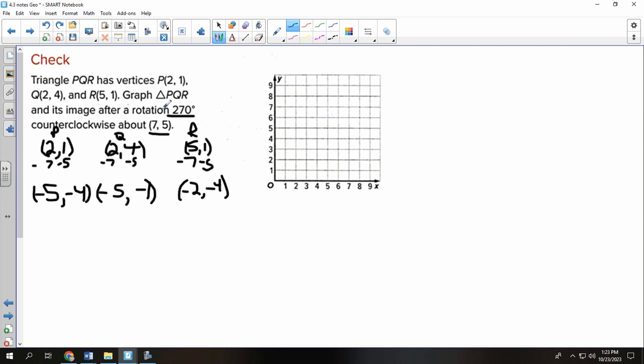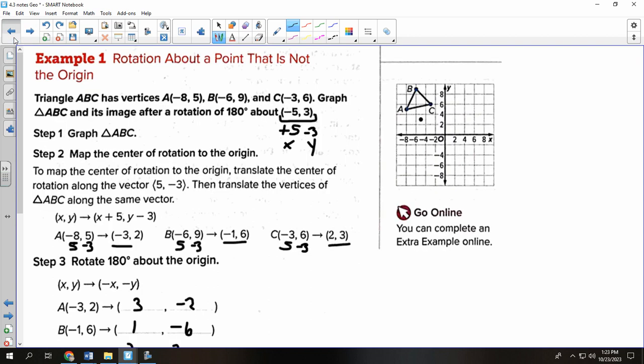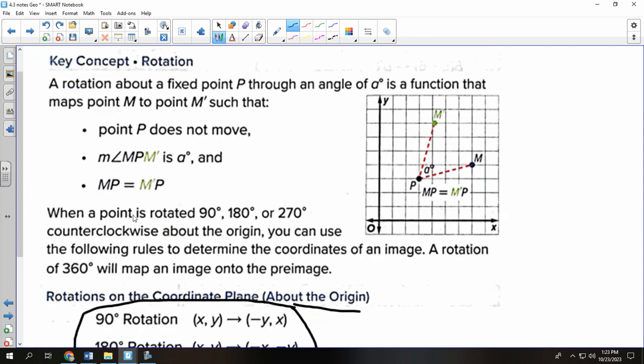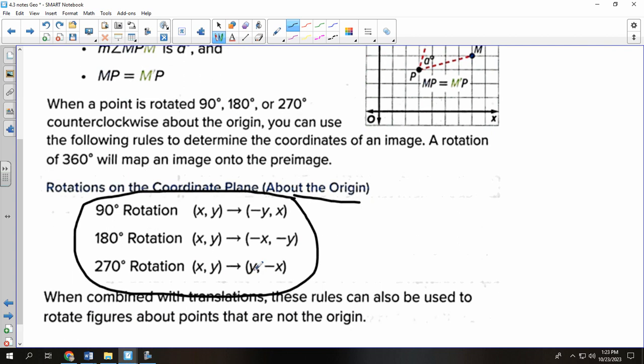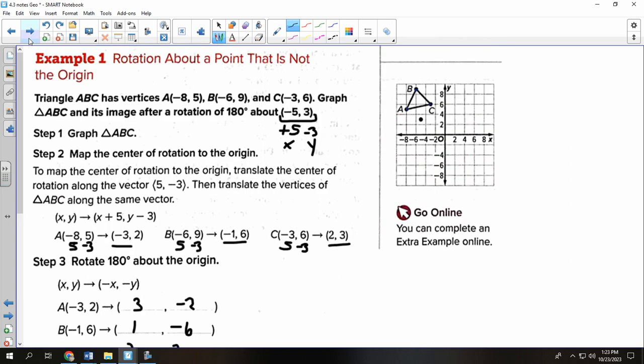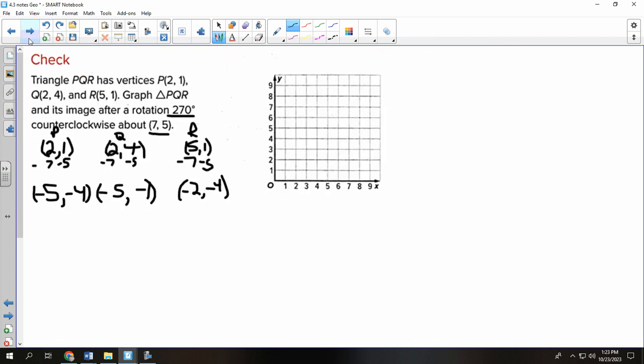We're going to do our rotation, and then we toggle back to our little formula sheet. It is 270. We take our x and y, we switch them, and then we make the new coordinate that sits in the second position negative. So we go 270.